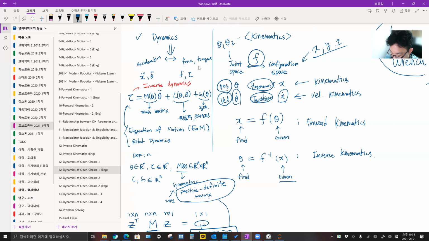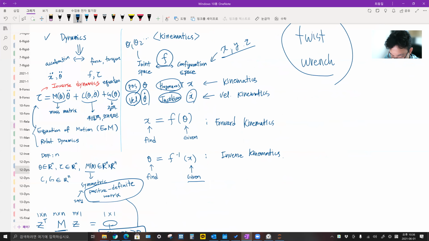So generally the inverse dynamics equation has this form. Tau is the torque.